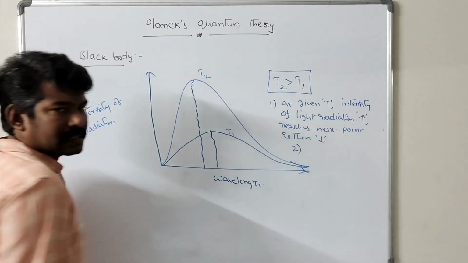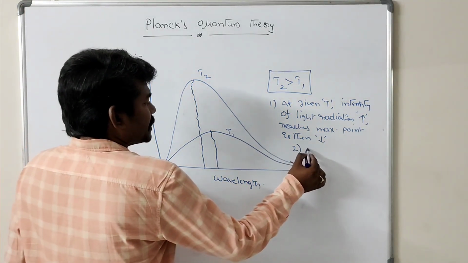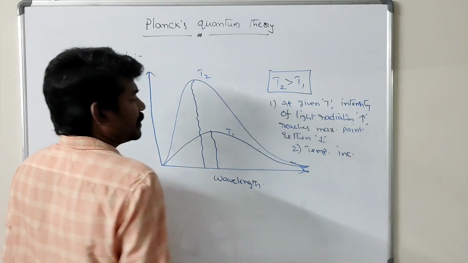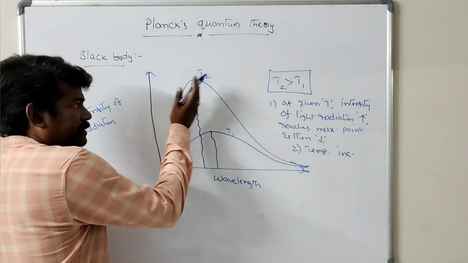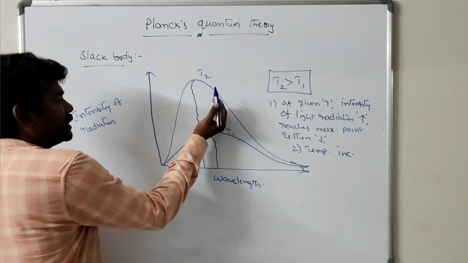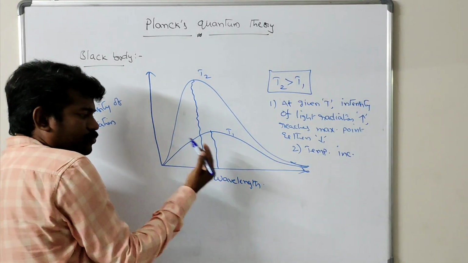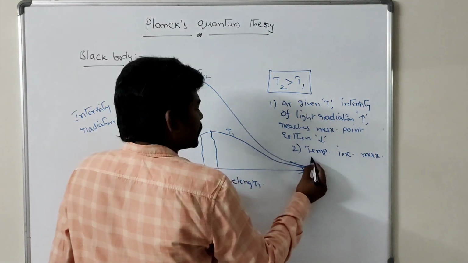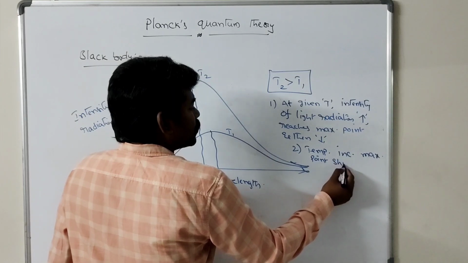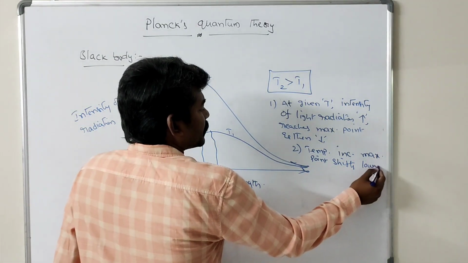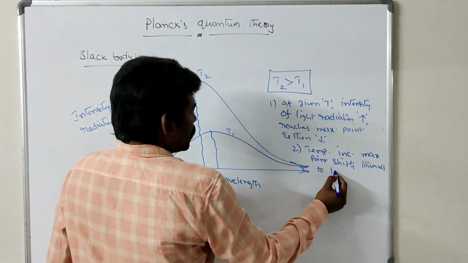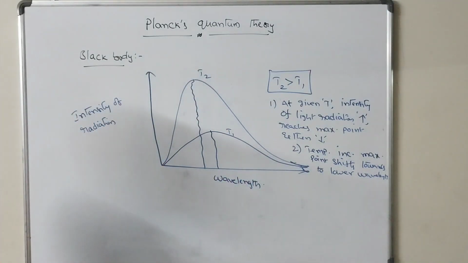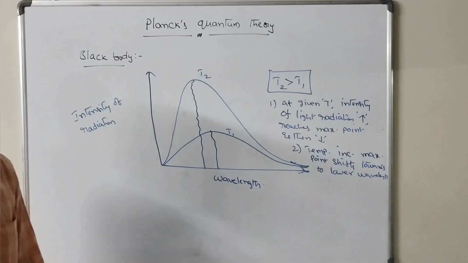And the second point you have to learn is, if the temperature increases, the maximum point of intensity of radiation shifts towards lower wavelength, lower lambda. These 2 points are very, very important from this graph.